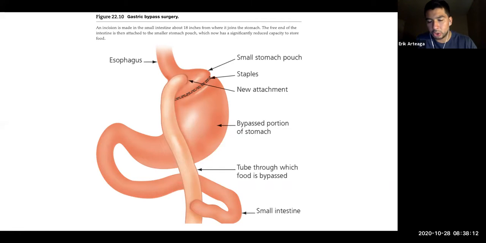But again, there are drawbacks to each surgery. This being that you may run the risk of not absorbing enough nutrients or food after the surgery. So you can be malnourished. Not only are your calories lowered, but also your vitamin uptake and certain trace elements that you need in your diet.